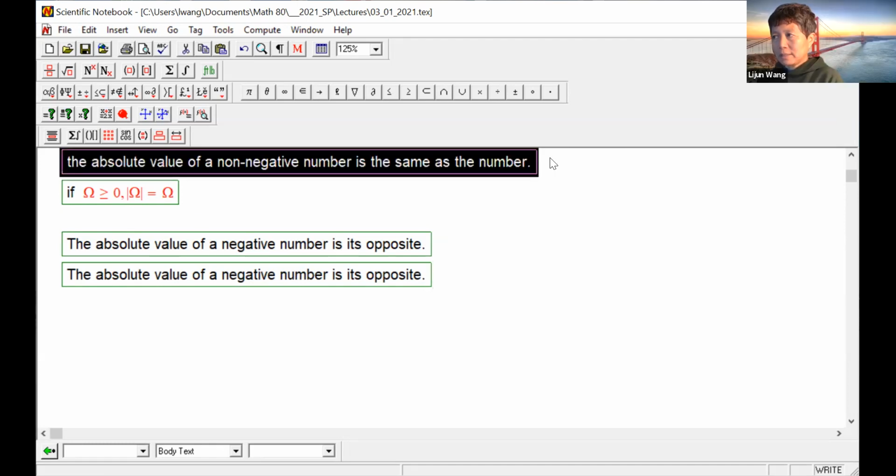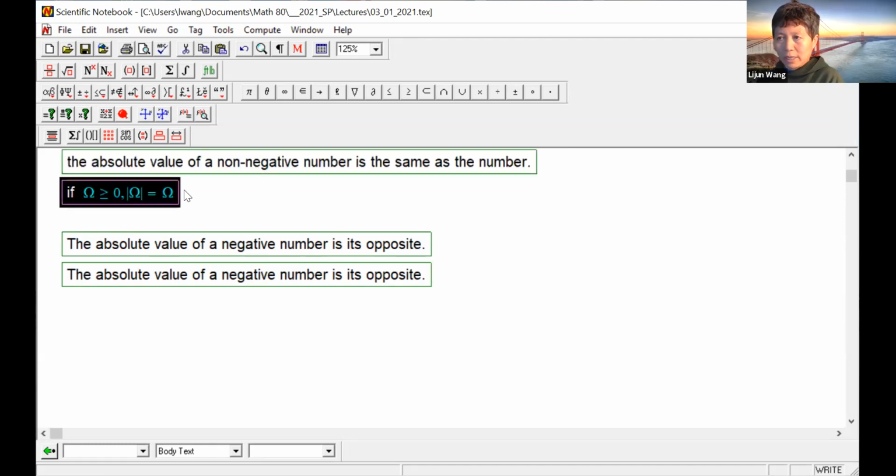This is the sentence, and this is the shorthand notation. The shorthand notation says, if the number we're taking the absolute value of is non-negative, then the absolute value of this non-negative number is the same as the number.